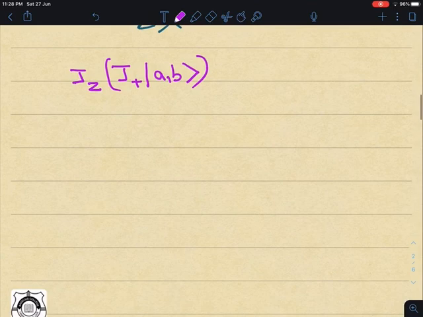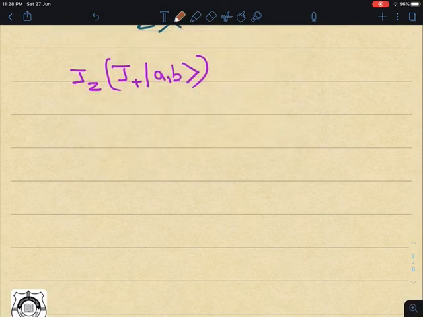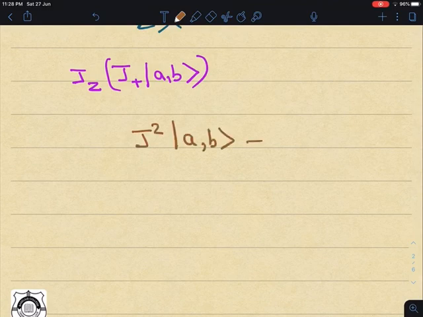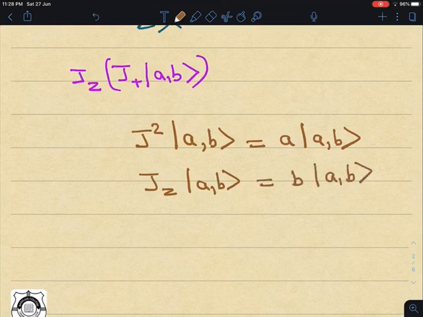But you know one thing, I'll just recap two more things. We've learned J square acting on ket ab gives you the eigenvalue a times ket ab, and also Jz acting on ket ab gives you the eigenvalue b times ket ab.